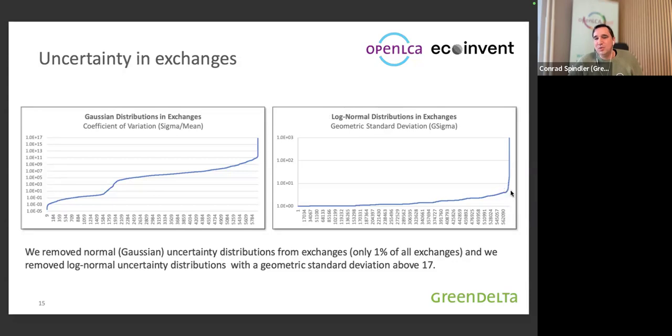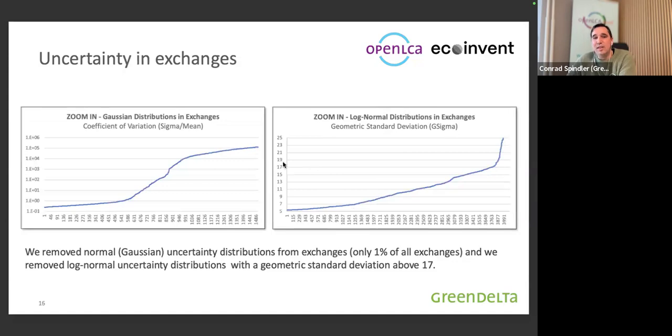You can see a huge jump somewhere at the end, with a geometric standard deviation above 20 or 17, I don't know. I think that's not a real value, because that's much too high. So we cut these high values off here.